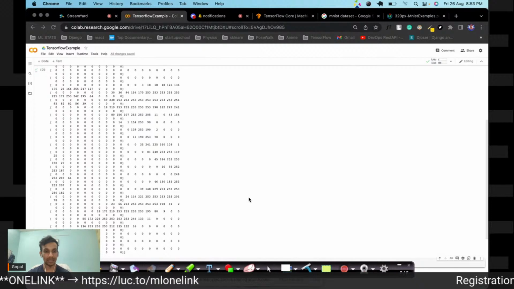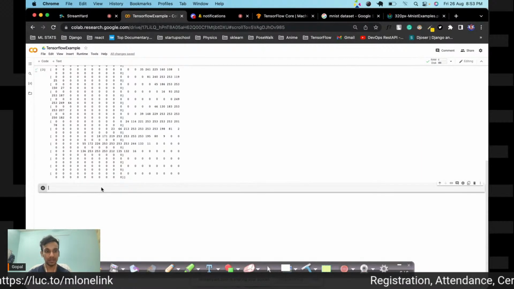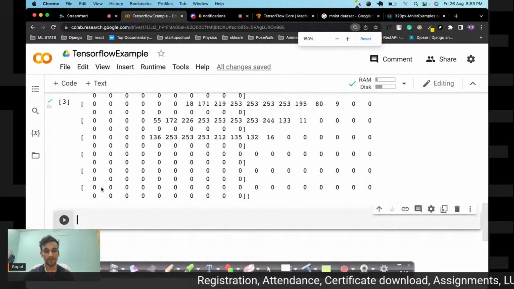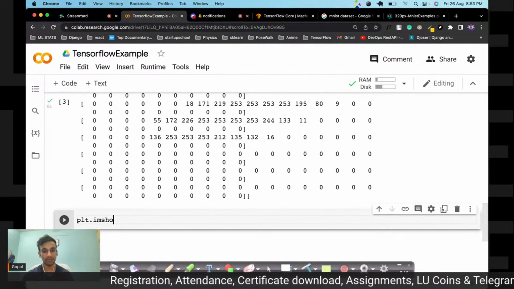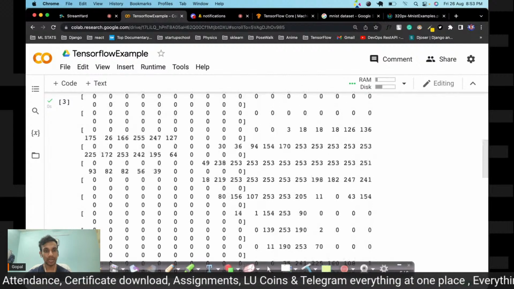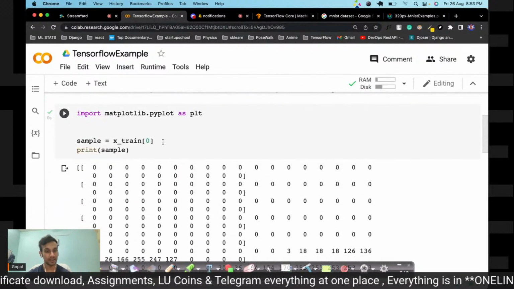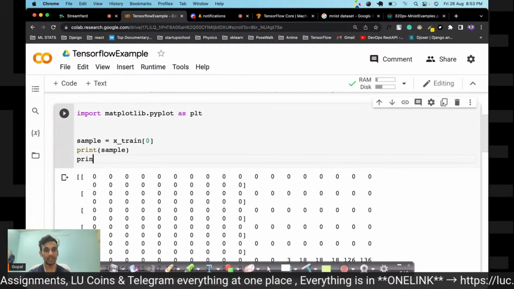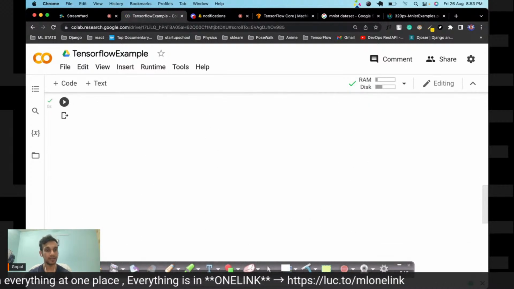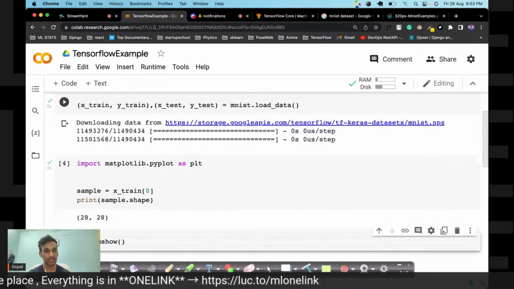Okay, and now if I plot this value here, how exactly can I plot it? We can plot this value out with the help of matplotlib. So I can just use plt.imshow, and I make sure this sample is in grid format. So if I check the sample's shape as well, it should be in a grid format. So it is 28 cross 28 right now.